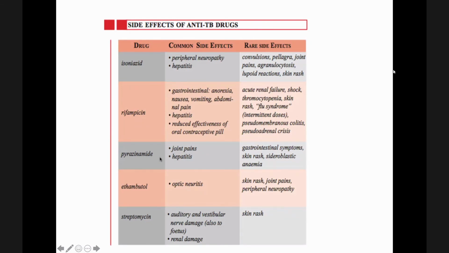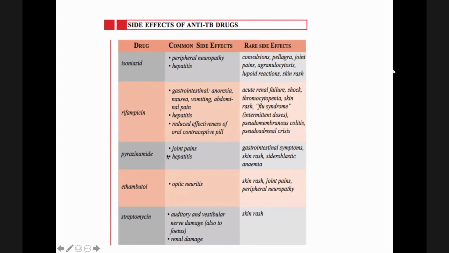Then pyrazinamide: the most common is joint pain, so the patient can present with hyperuricemia and gout-like symptoms. Hepatitis is the most prominent with all these three, and the most hepatotoxic is pyrazinamide. That's why you have to monitor LFT in the patient before starting the antitubercular drugs.